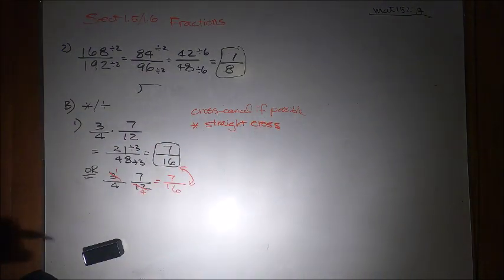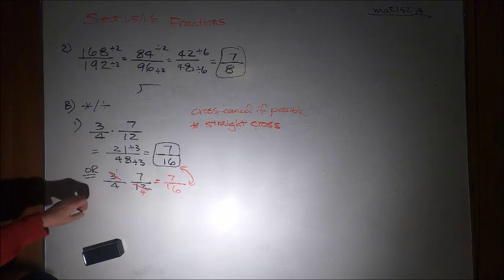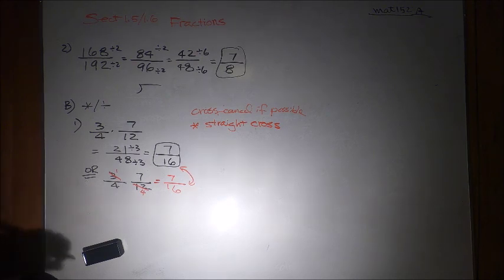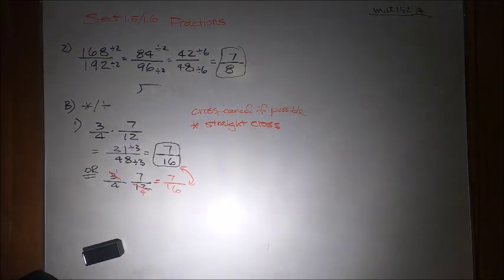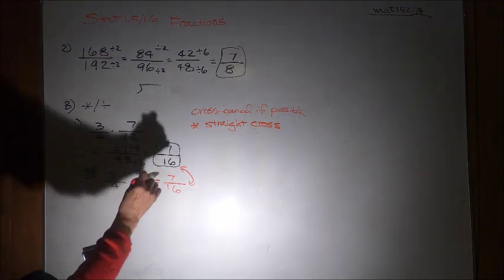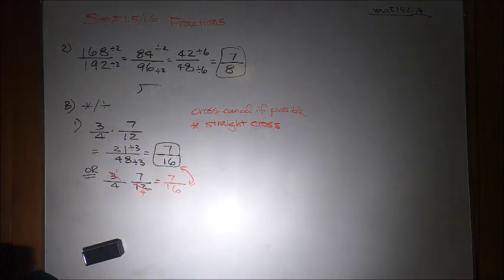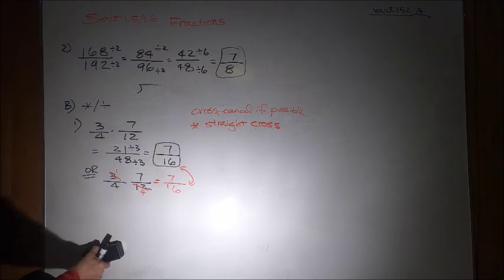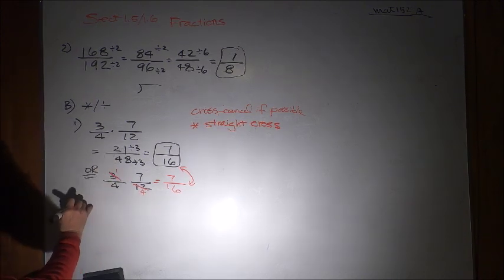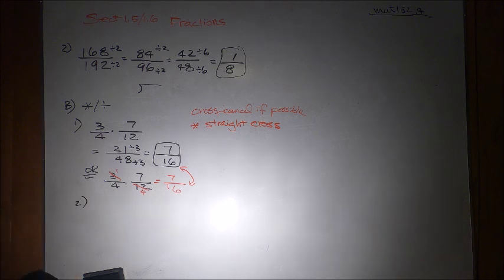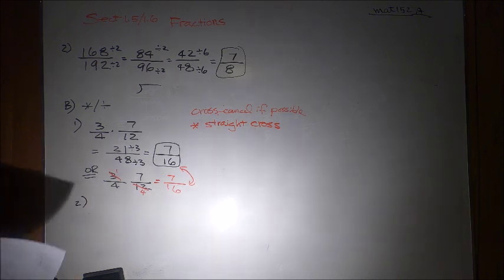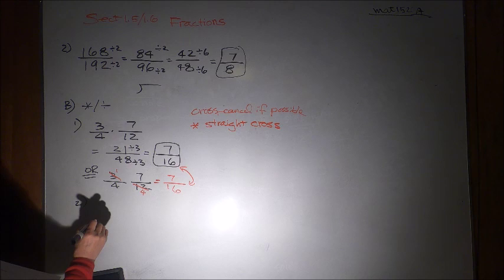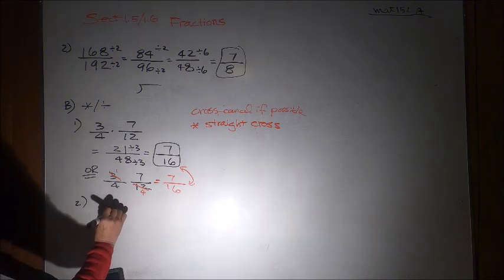For multiplication, you only use one rule, multiply straight across, but you probably prefer to cross cancel first to make the numbers simpler. Otherwise, you still have to simplify at the end. Then you get a big number.